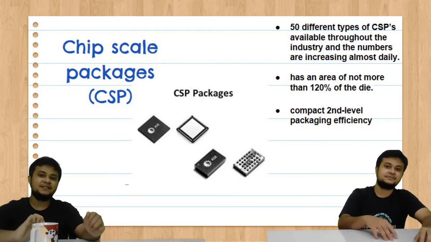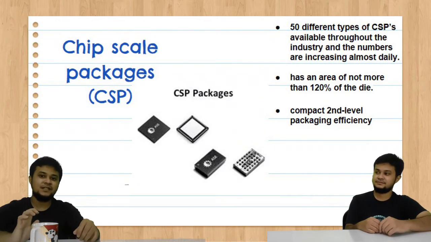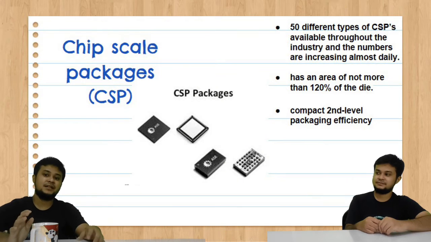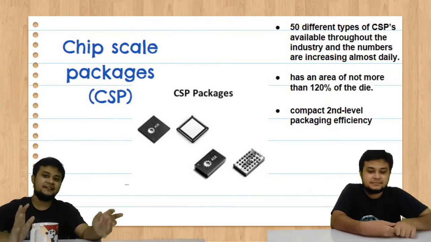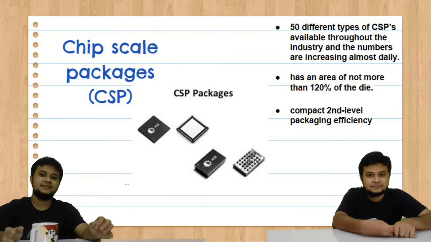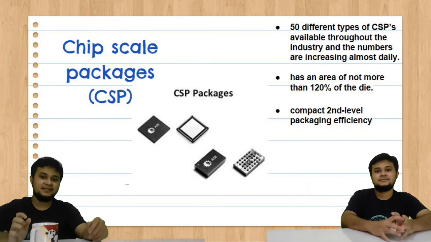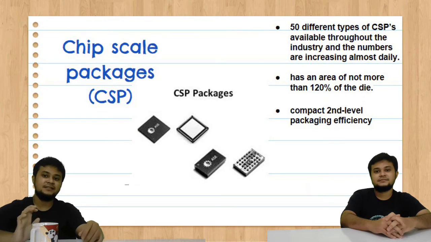There are 50 different types of CSP available through the industry, and the number is increasing almost daily. It compares second level packaging efficiency. CSP packages have the following advantages. First, smallest footprint per interconnection, resulting in significant PCB space saving.